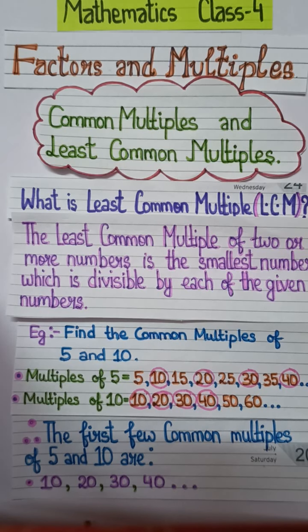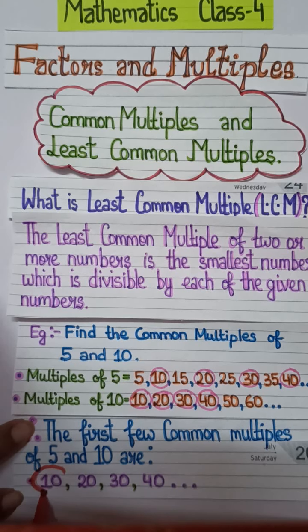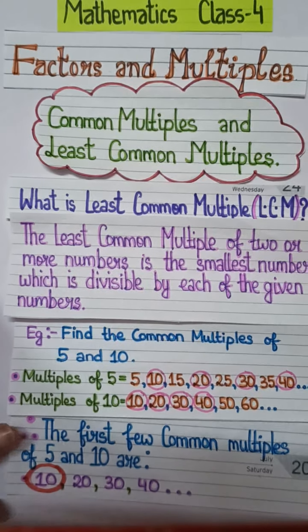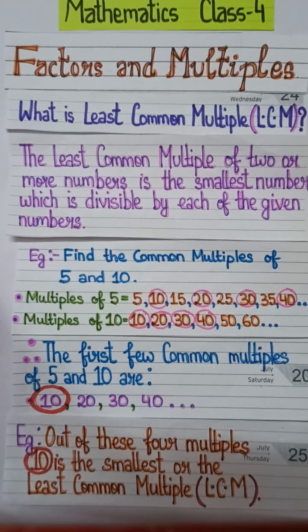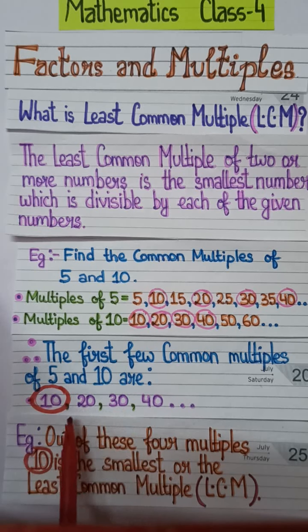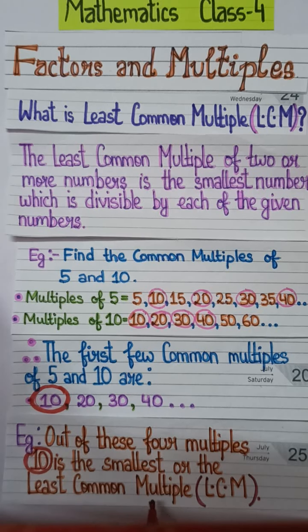These being the common multiples, we can easily see the least common multiple, or the smallest number among the common multiples. That is here the number 10. Therefore, we conclude that out of these four common multiples, 10 is the smallest or the least common multiple. The LCM of 5 and 10 is the number 10.